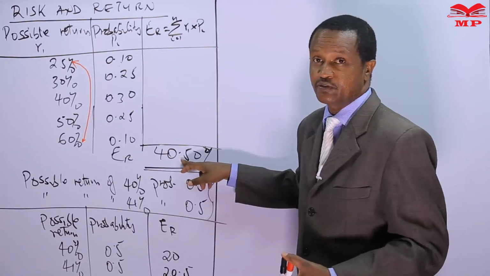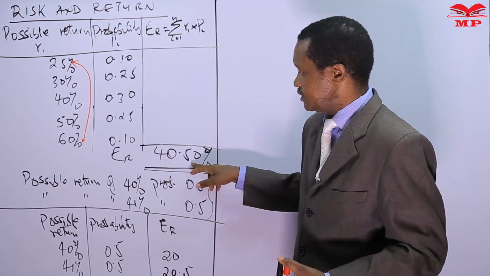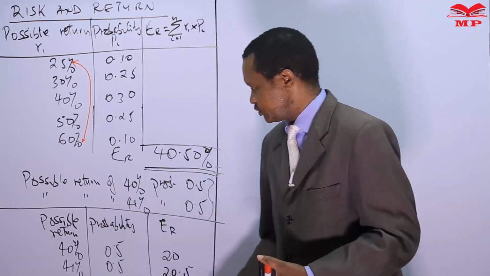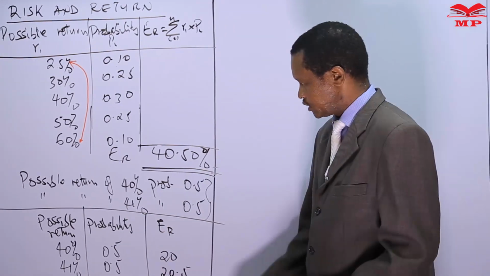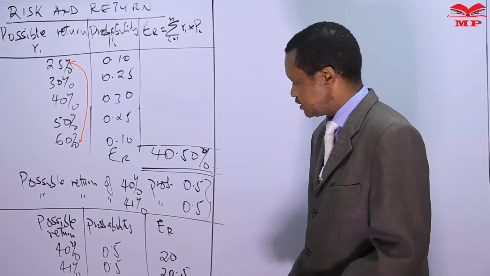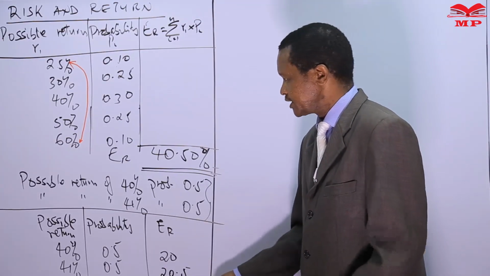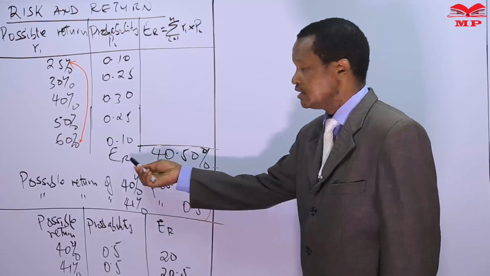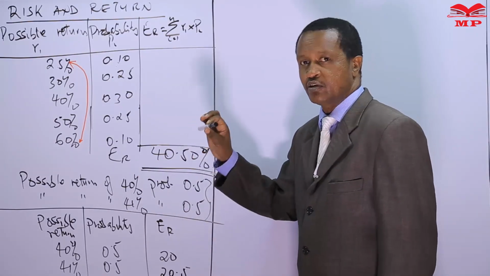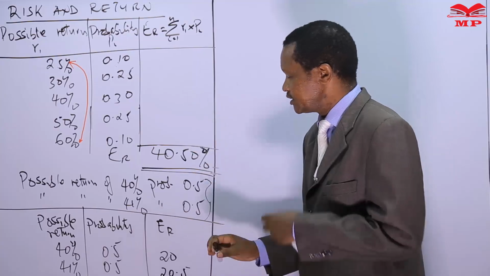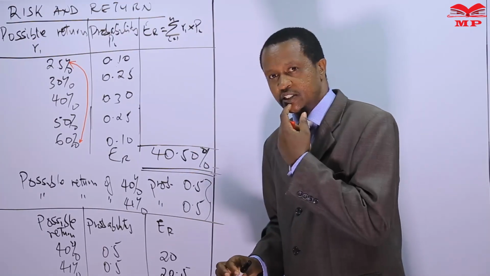The expected return is 40.5%. Where there are only two variations, you can see the expected return is still the same. That means that, as I've just said, apart from the expected return, the risk associated with the expected return has to be measured.